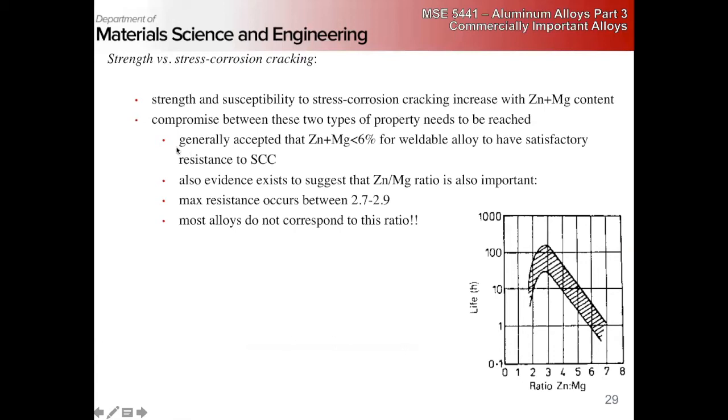There's general design guidelines that say we want to keep the zinc and magnesium content less than 6%, and that'll give us a weldable alloy that does have reasonable resistance to stress corrosion cracking. But also the zinc to magnesium ratio is important, and our max resistance to stress corrosion cracking is when we have about 2.5 to 3 times the zinc as the magnesium.